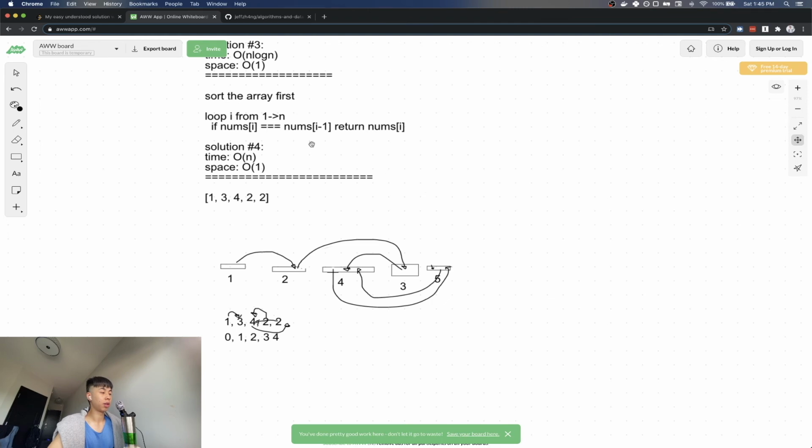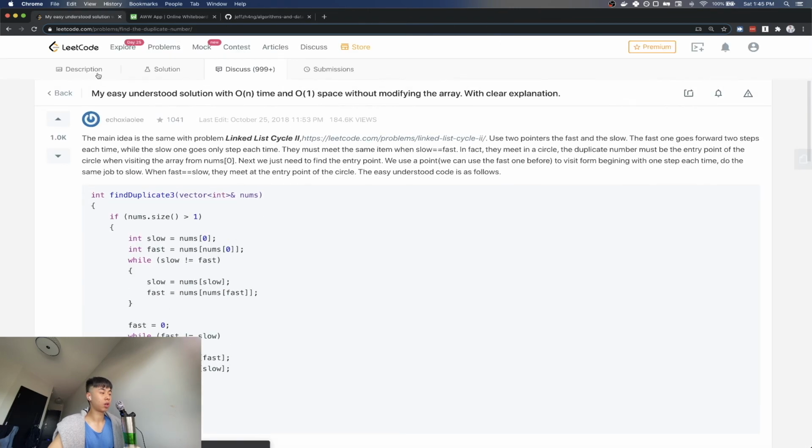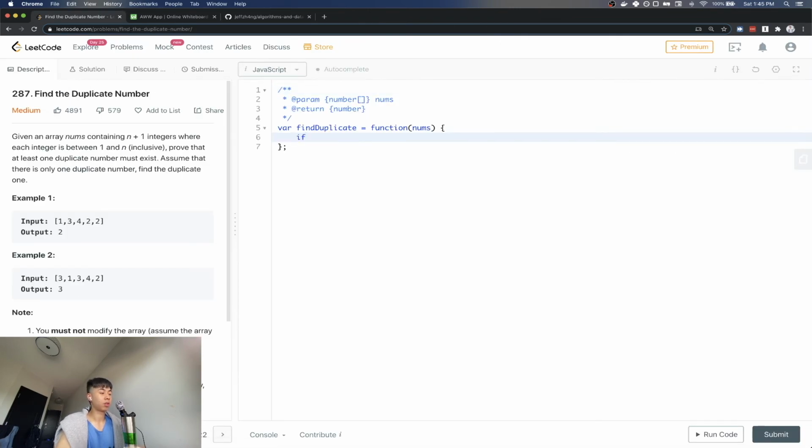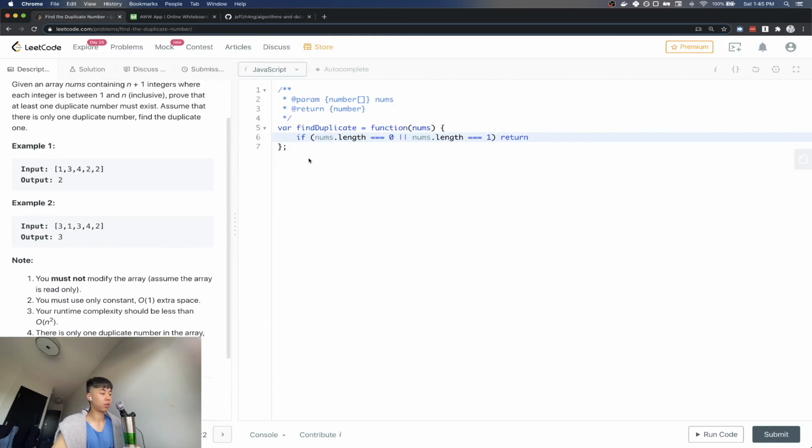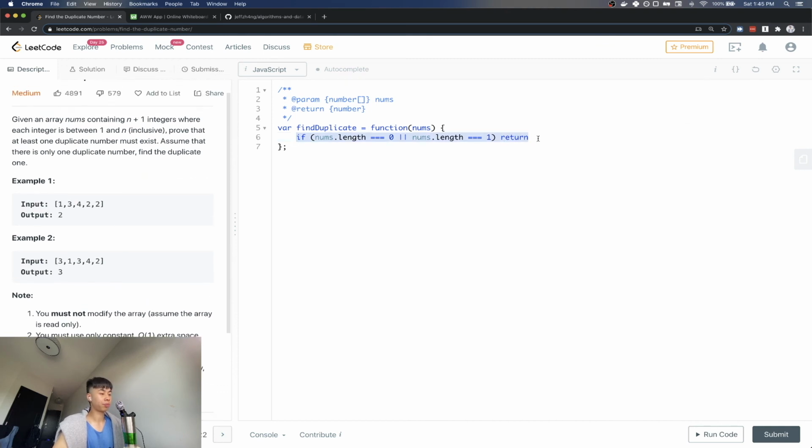Right, okay, let's code this up in JavaScript, and yeah, so the nums dot length is equal to 0, or it's equal to 1. I guess we're guaranteed that there is a duplicate number, so we're not going to have this. We're going to let slow equal nums at 0 and fast equal nums at 0.